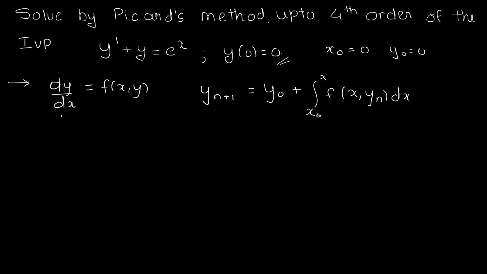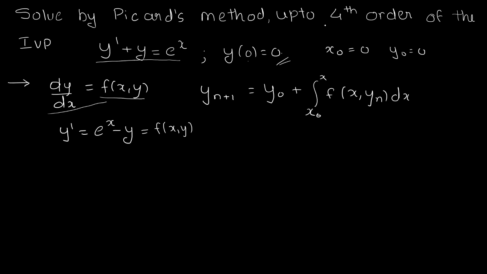Now this problem is of the kind y' + y = e^x, and the f(x, y) which we require is of the form dy/dx. So I just have to convert the given format into this. That means dy/dx or y' will be e^x - y from this equation, and this will be my f(x, y).